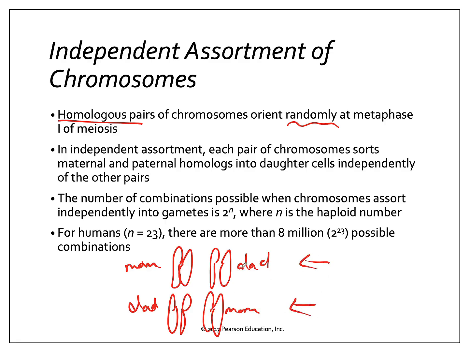And so for every pair of homologous chromosomes, there are 2 ways that it could line up. Mom on the left, dad on the right, or dad on the left, mom on the right. Humans have 23 pairs. So we actually have 2 to the 23 possible combinations for our chromosomes to organize themselves. And this again happens randomly, which leads to 8 million different combinations of arrangements.